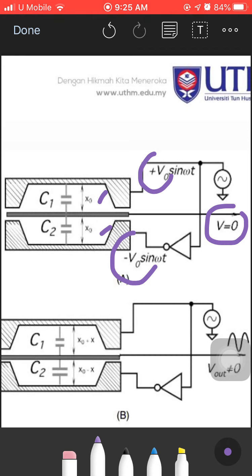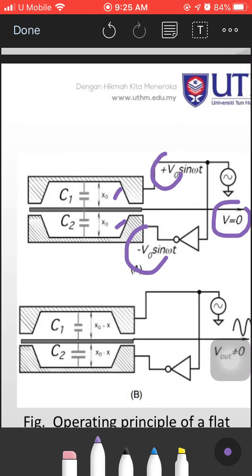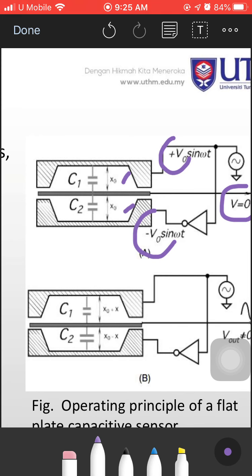So how does it change? How do we change the position of the central plate? Now we move the plate downward.